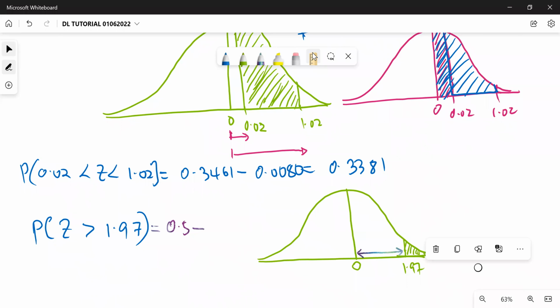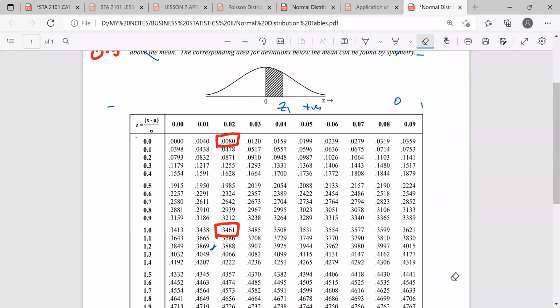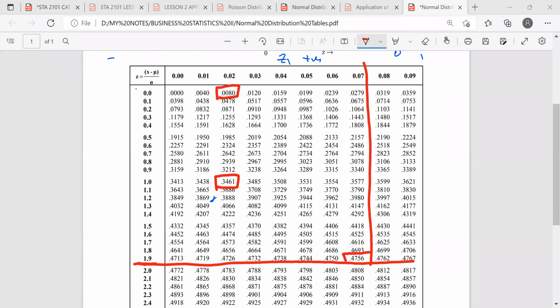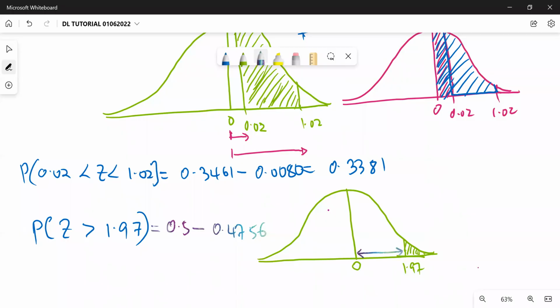So going back to the tables, 1.97, 1.9 is here. 97, where is 97? This value here. 0.4756. 0.5 minus 0.4756.